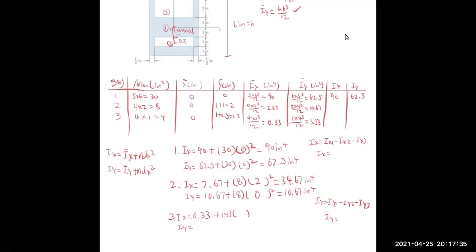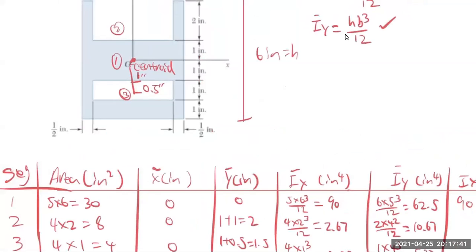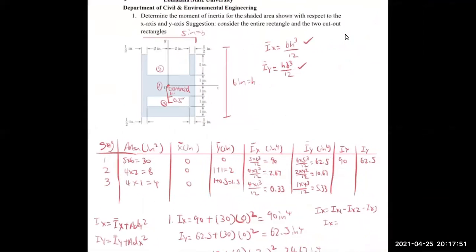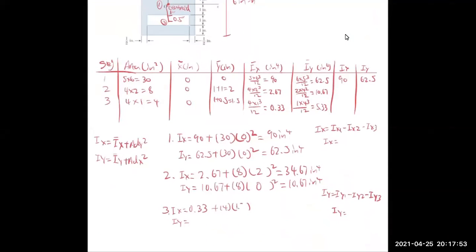And this is 0.5 inch, because that is the distance between the centroid of segment 3 and the centroid of the entire composite body. So I got 1.5 right here, squared, and then that will be 9.33 inch fourth.